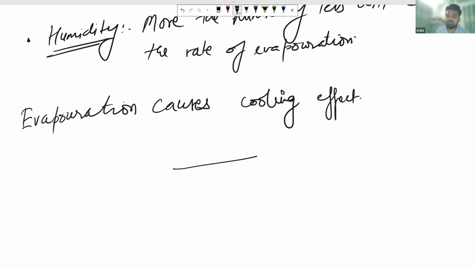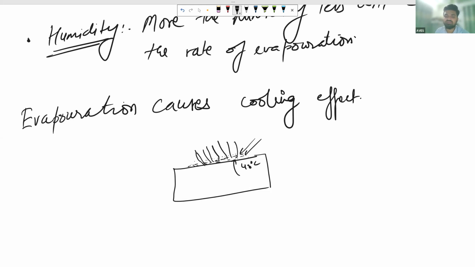For example, this is a surface on which a liquid is being poured. Now this liquid starts converting into a gaseous state. You know that wind speed also plays an important role. Suppose this surface is at 40 degrees Celsius.